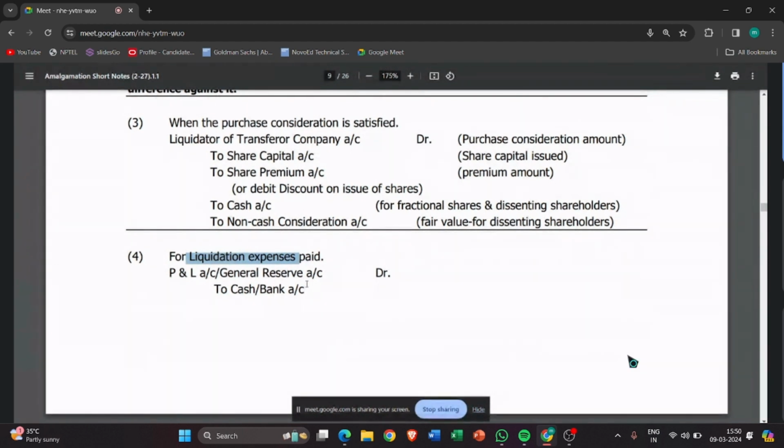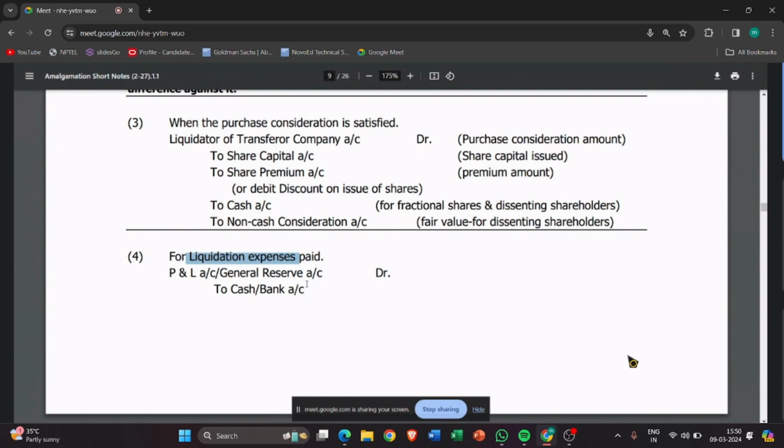So the old company will say that even liquidation expenses I cannot pay, so the new company should pay. So they want the new company to even pay their liquidation expenses. In case liquidation expenses are paid by the old company, the transferor company, you'll write it in the books of the transferor company as realization to cash.